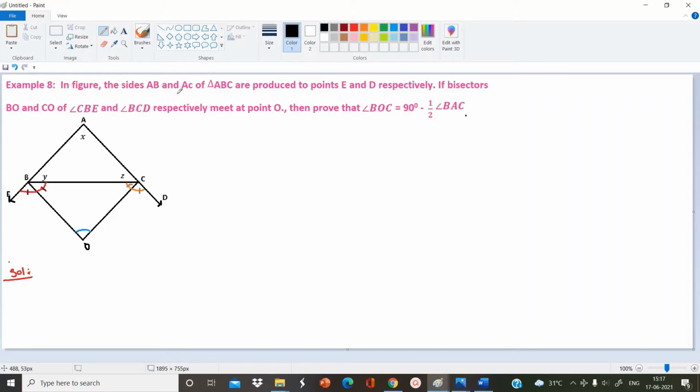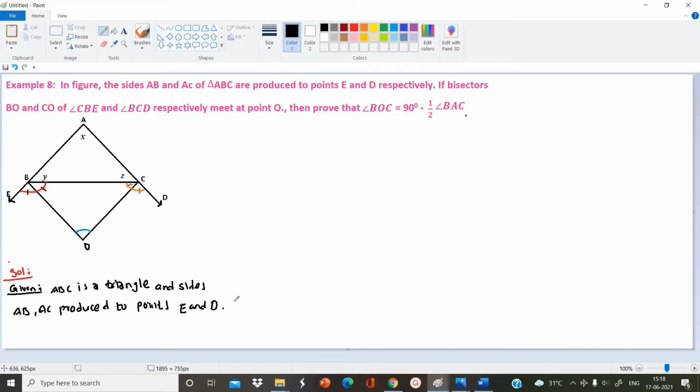ABC is a triangle, and the sides AB, AC are produced to two points E and D.